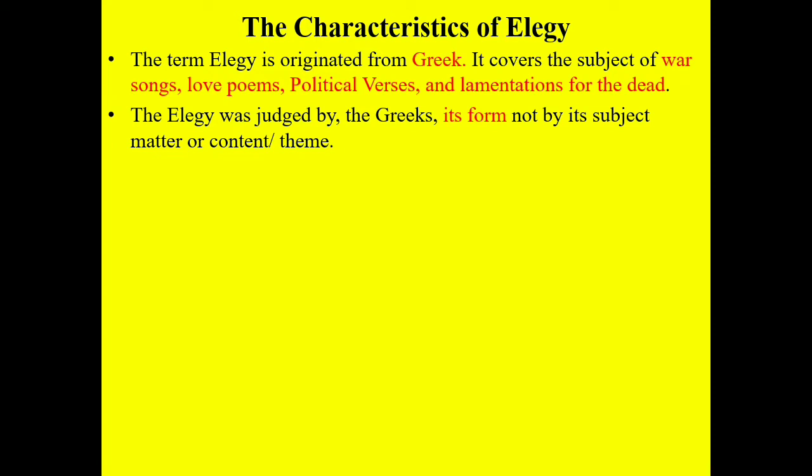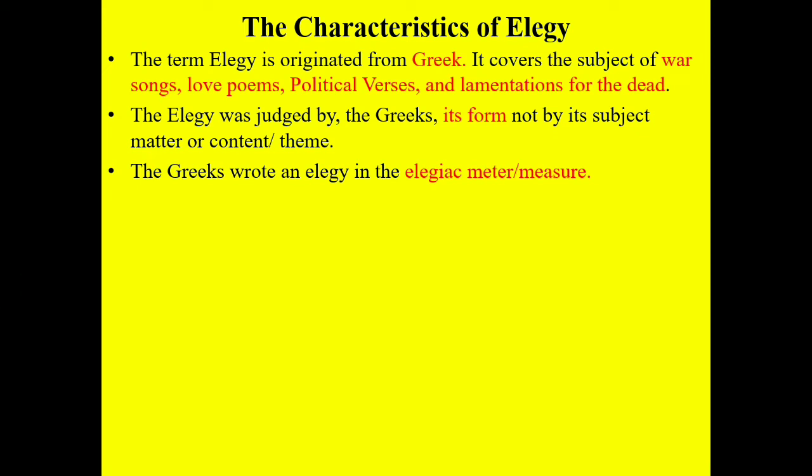It means they never gave any importance to theme, but they gave much importance to the structure of the poem. Now, what is that particular structure of this elegy? Now let us see.